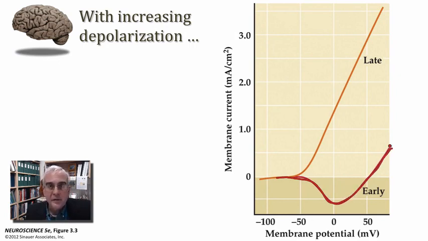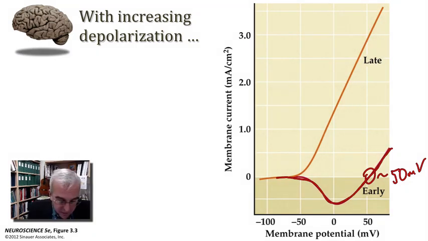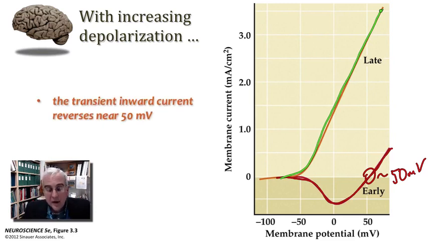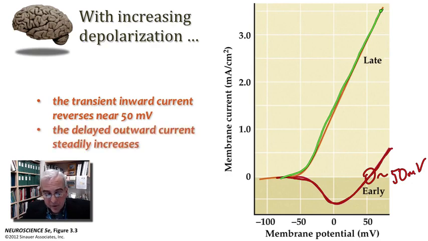And that inward current becomes an outward current, with the crossing of 0 millivolts being somewhere around 50 millivolts in membrane potential magnitude. Now the delayed outward current behaves differently. It continues to grow monotonically with increasing membrane potential. These observations together again provide evidence that this transient inward current reverses near 50 millivolts while the delayed outward current increases steadily.